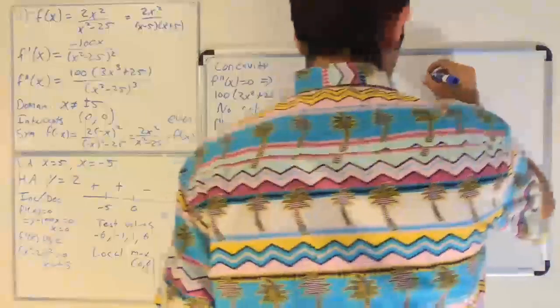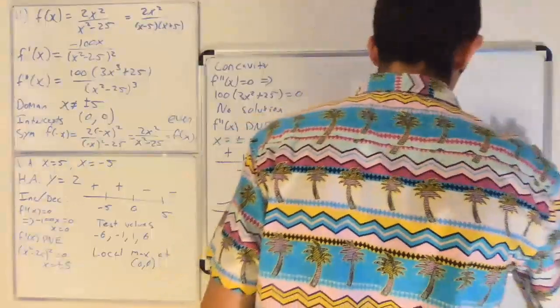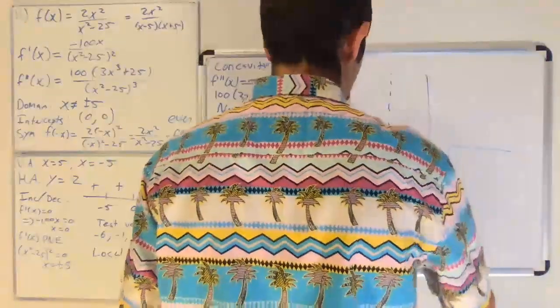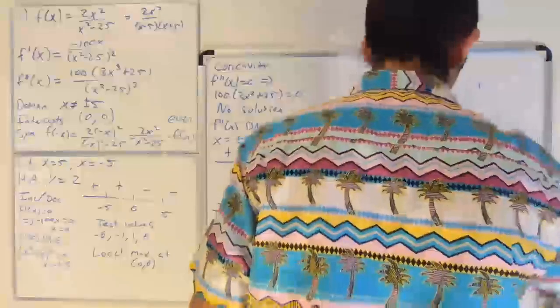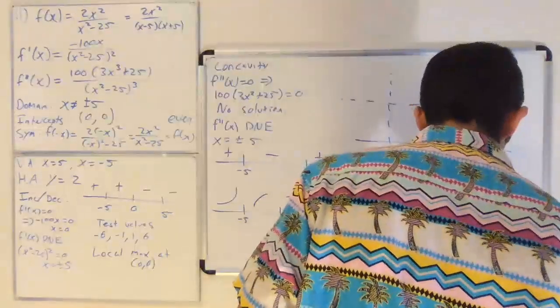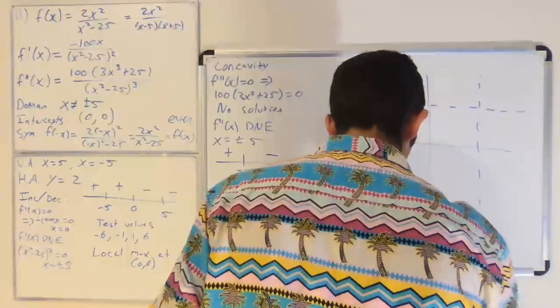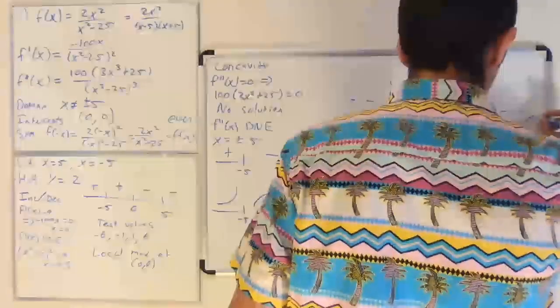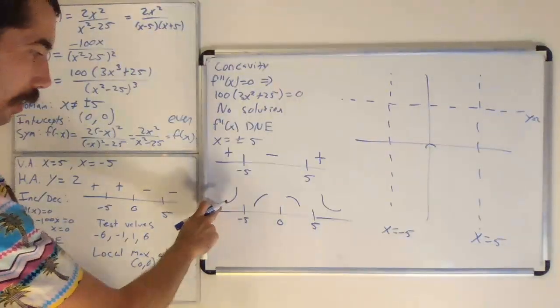Okay, so we can now put it together. Marking the vertical asymptotes. Horizontal asymptote. We had a local max at the origin. And now we know that it's this shape from -∞ to -5.